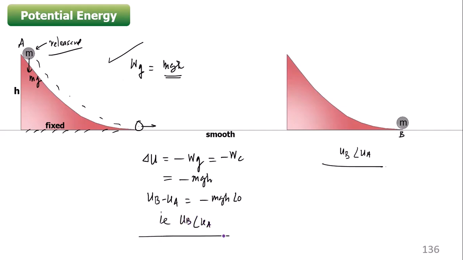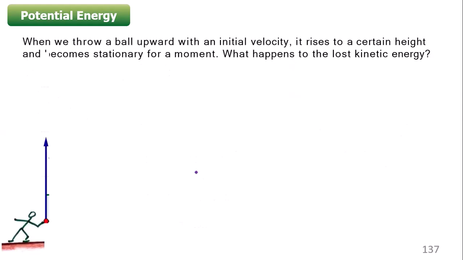Okay. So whenever the potentiality has to be calculated, you saw that the potentiality may increase or may decrease. So when you throw a ball upward with an initial velocity, it rises to a certain height. If I throw a ball with a velocity u, ultimately it goes to a particular point where the velocity becomes zero.